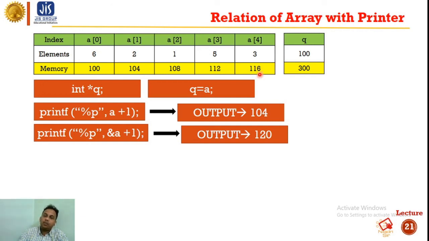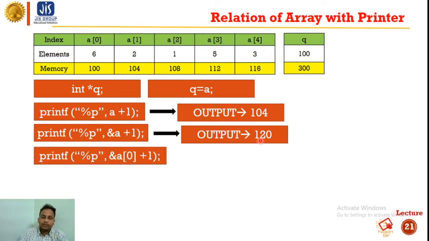A4 goes up to 119. If there is another array beside this a array, suppose array b, then the output will be 120.